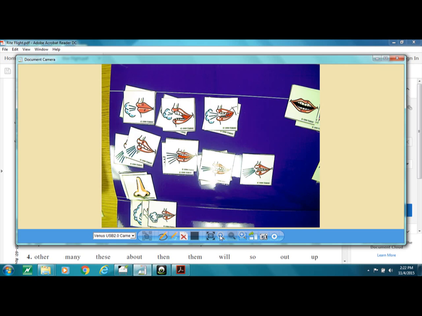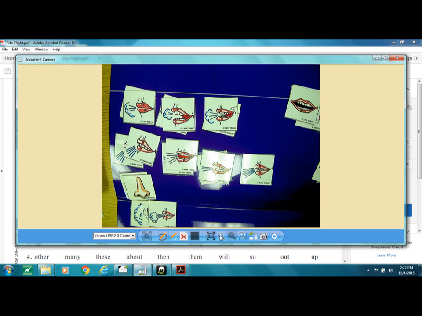And the next thing that we want to do is our spelling. So you should have the same sheet that you just used when we called out the sounds and you wrote them down. You need the same sheet for me, please. Very good.